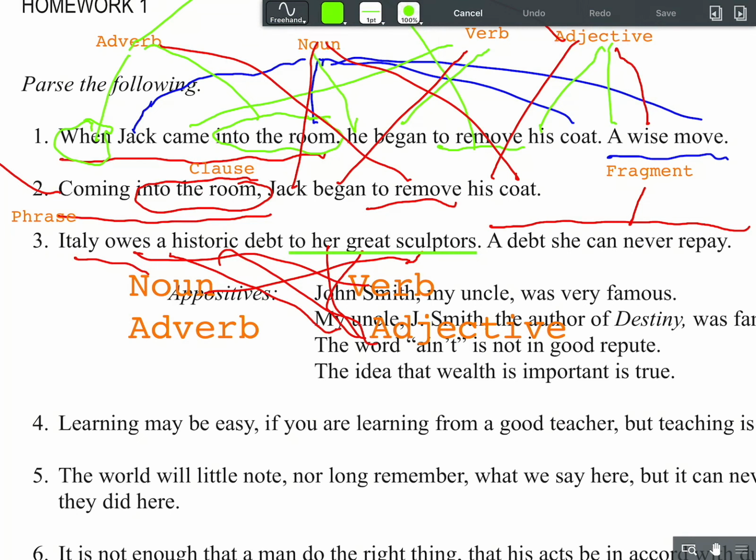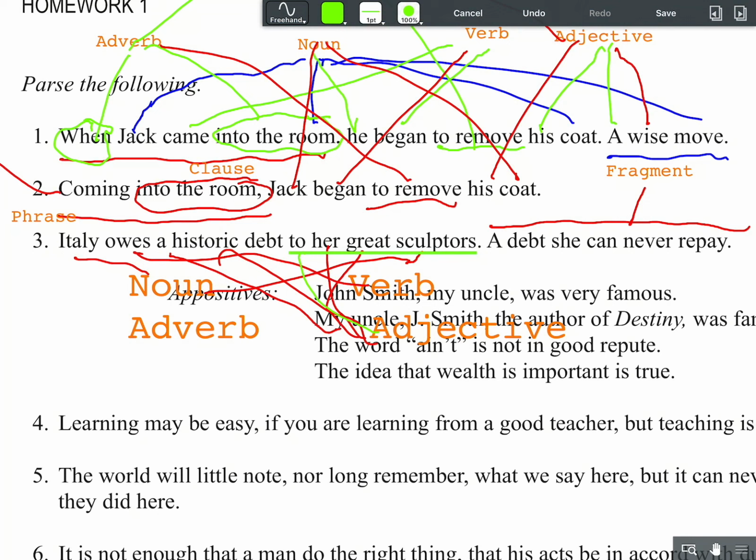So to her great sculptors tells us what type of debt. Therefore, it is an adjective phrase. That's my feeling. Wait, maybe it tells us the type of owing.